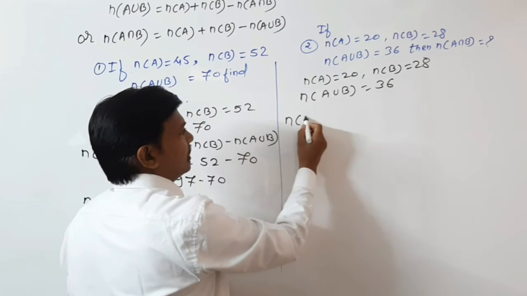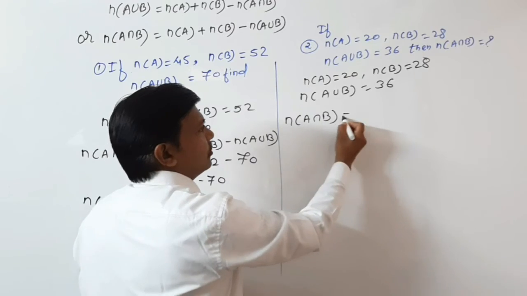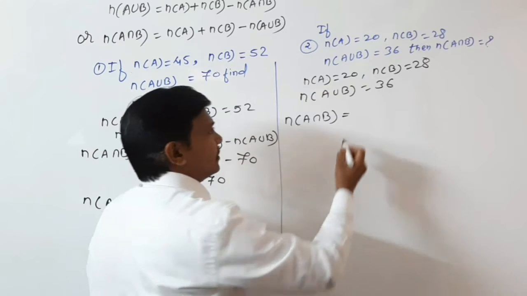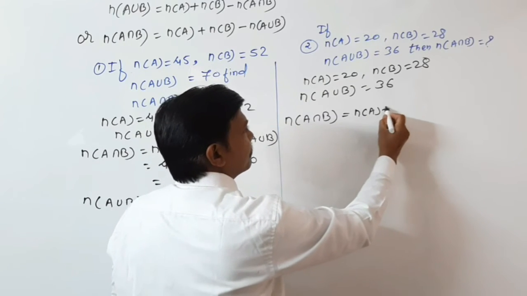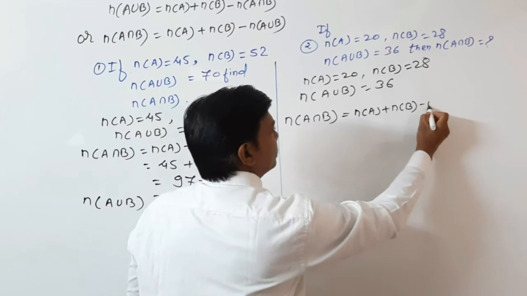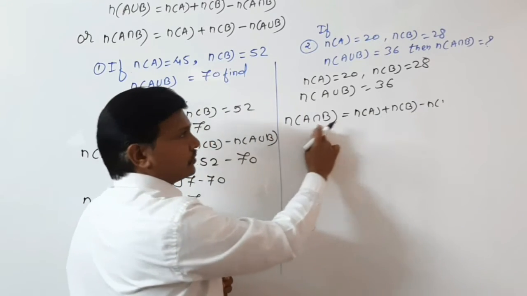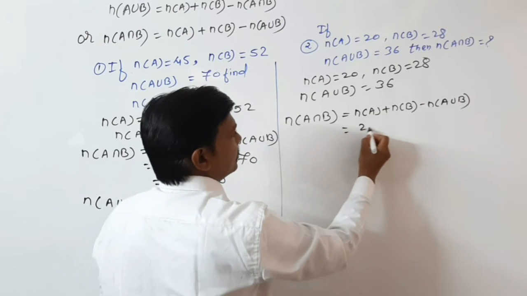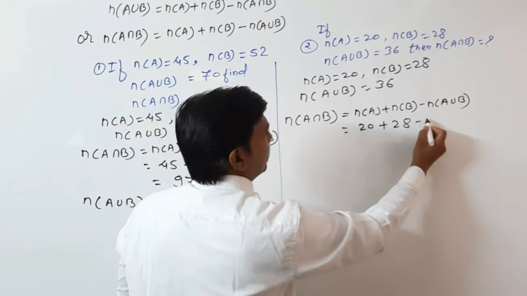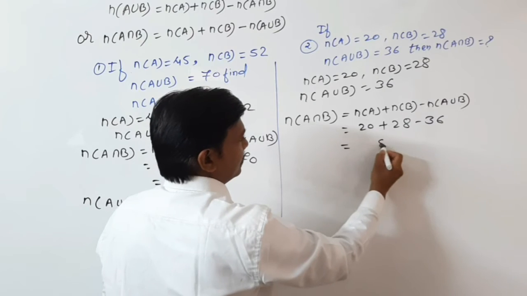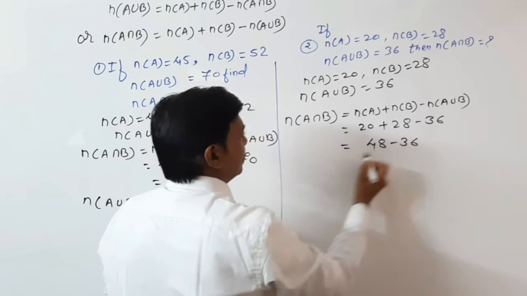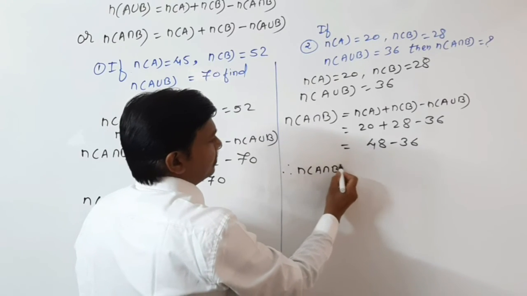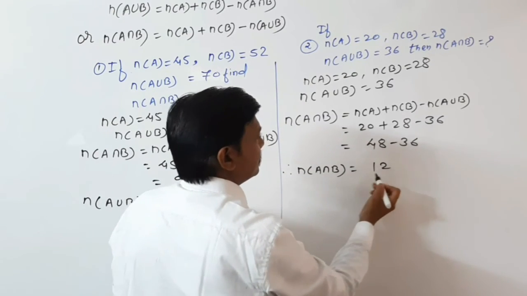So again for A intersection B, we write the formula, revise your formula: n(A) plus n(B) minus n(A union B), then put all the values, 20 plus 28 minus 36, so it is 48 minus 36. Therefore number of elements in A intersection B is 12.